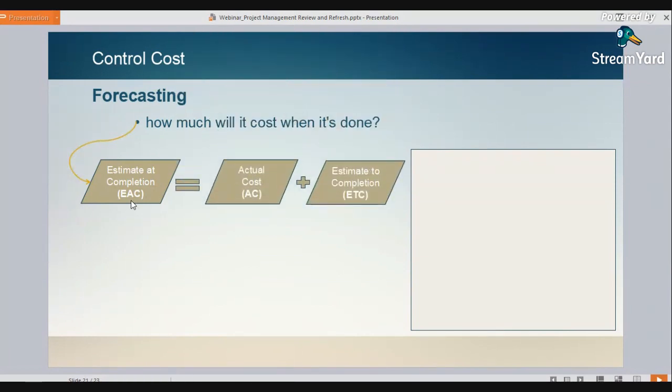The formula for an estimate at completion is our actual cost, what we've spent so far, plus our estimate to completion, our prediction of what the remaining work is going to cost us to complete. How much have we already spent, plus how much more do we expect to spend on remaining work?